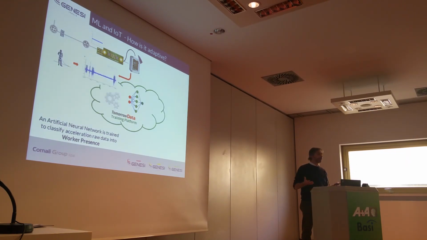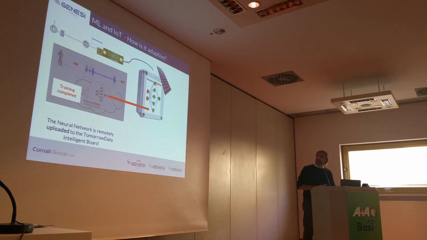Then we pass this annotated data through a training platform which performs mathematical stuff, but maybe it is not the case to go through the details here. The training platform does what its name says, so it trains the algorithm. What comes out is a trained algorithm able to distinguish the cases.